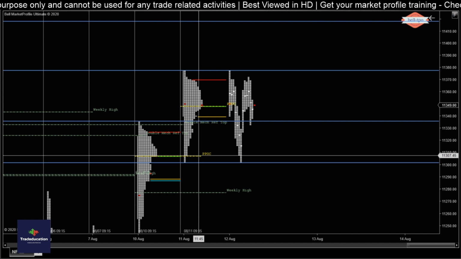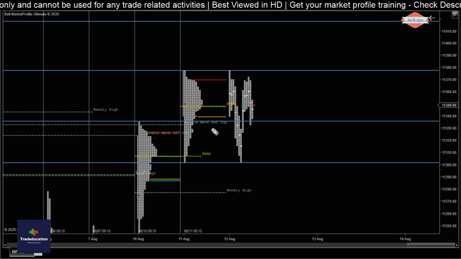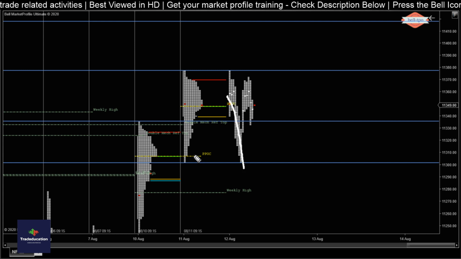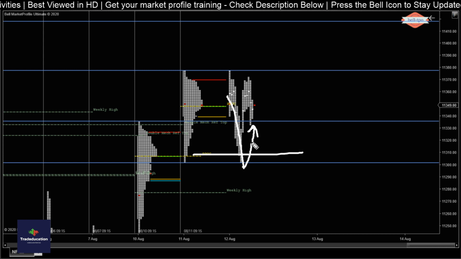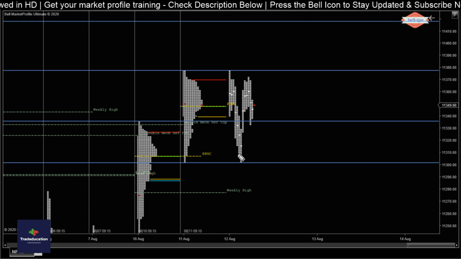One of the auction paths which I shared yesterday is to wait for 11,358 something to tag. If it goes below that, the auction will come down. The peacock will act as a level of support, and there will be some sort of reversal. And this was a good trade location from yesterday.